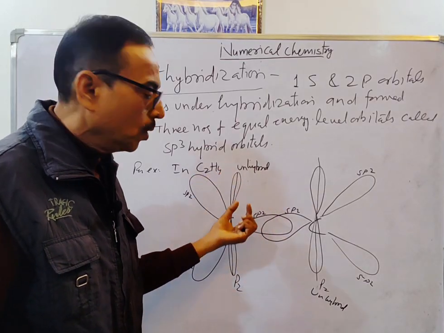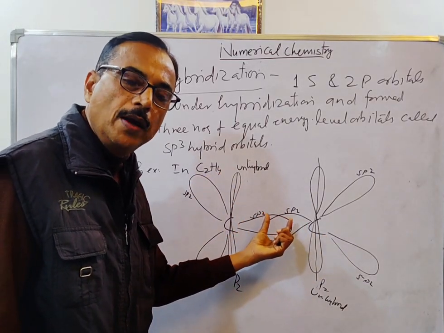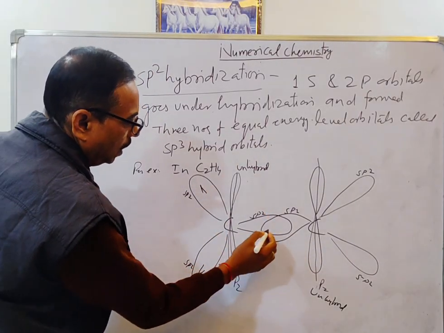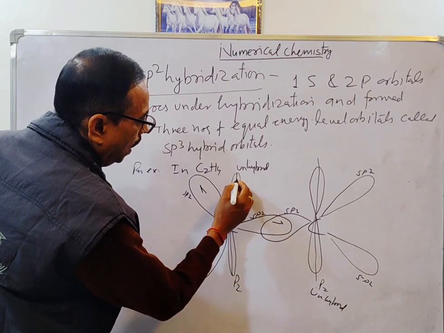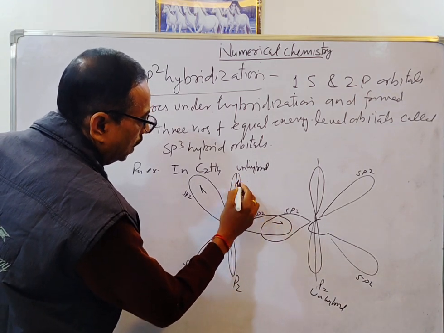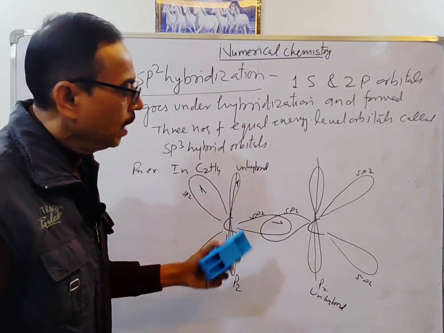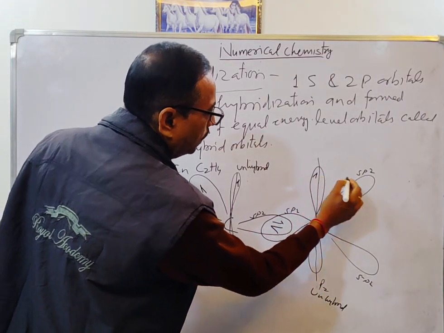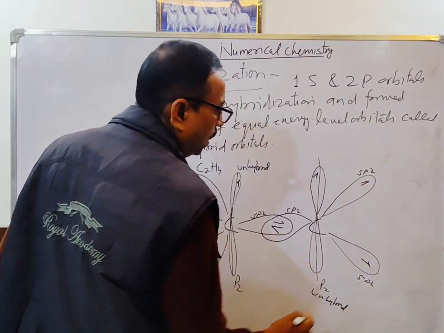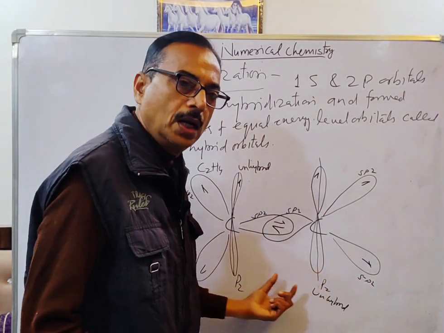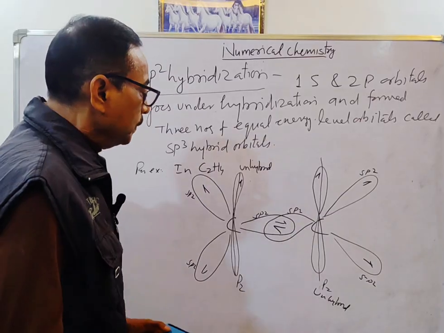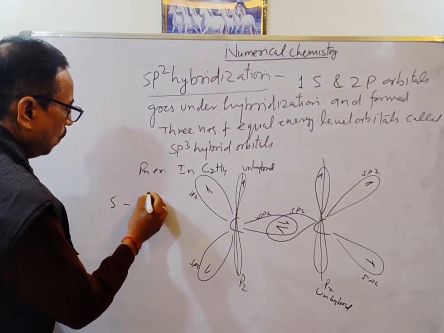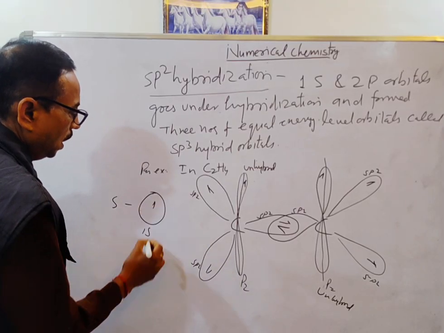So in C2H4, both carbons are sp2 hybridized with a single electron here, here, here, and pz also has one single electron. The second carbon will also have one electron in pz and one in each sp2: 3 hybrid orbitals and 1 unhybrid orbital. Now the 4 hydrogens have a spherical 1s orbital with a single electron.